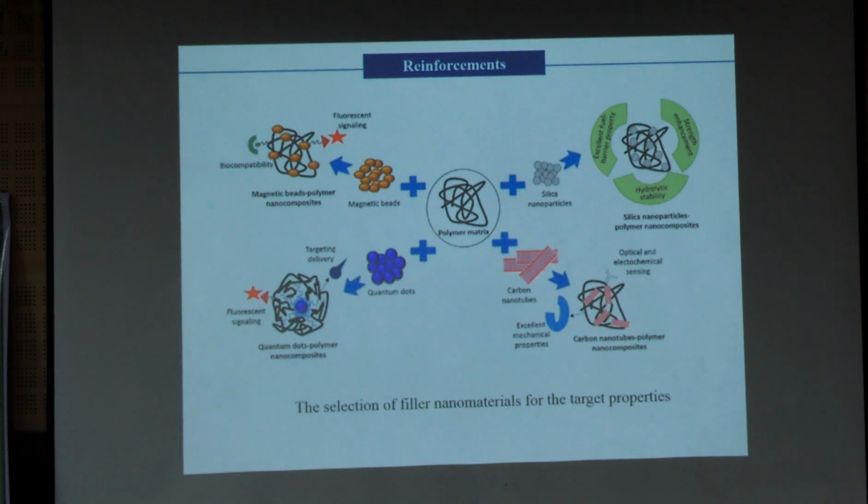That means you can mix two different types of particles, because some particles may have high hardness and some particles may have high ductility, right? So like that, depends on our requirement, we add either only one type of particles, or maybe a combination of two different types of particles, that we can call either nanocomposites or hybrid nanocomposites, right?